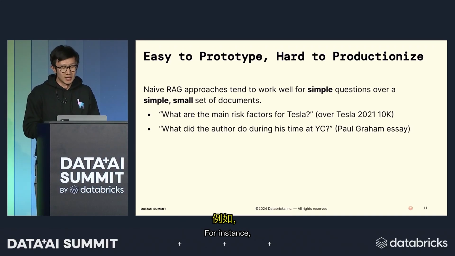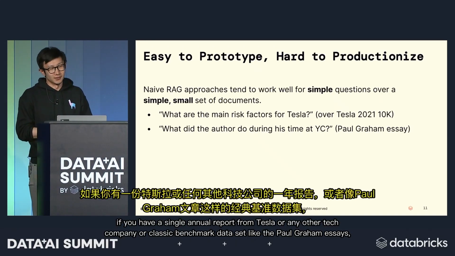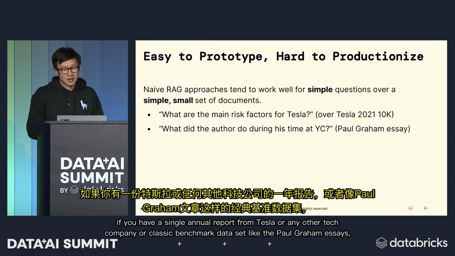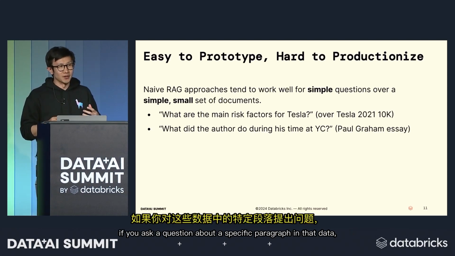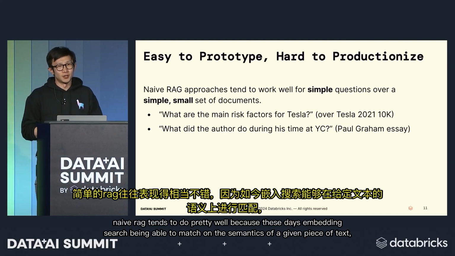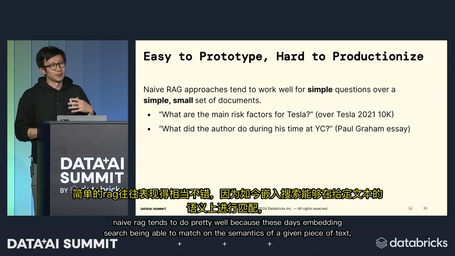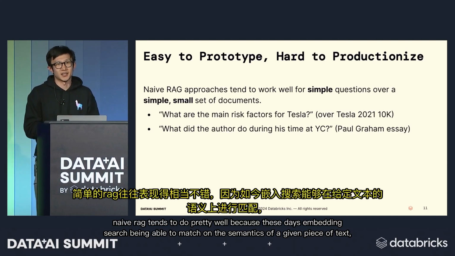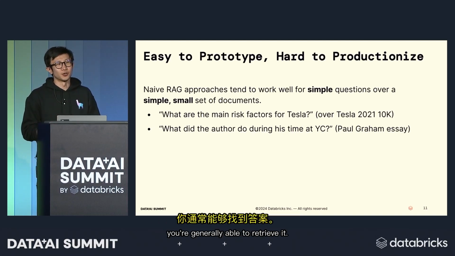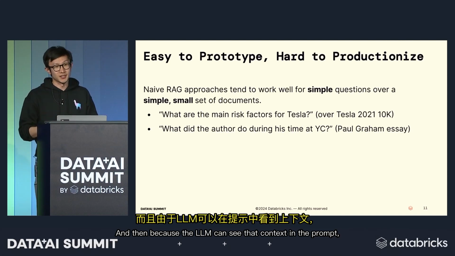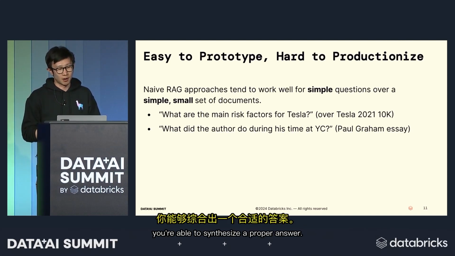For instance, if you have a single annual report from Tesla or any other tech company, or our classic benchmark data set, the Paul Graham essays, and you ask a question about a specific paragraph in that data, naive RAG tends to do pretty well, because these days embedding search, being able to match on the semantics of a given piece of text, is not bad. So if you have a question about a specific fact, you're generally able to retrieve it. And then because the LLM can see that context in the prompt, you're able to synthesize a proper answer.